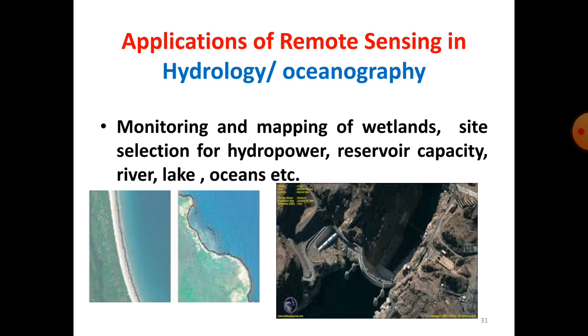How much water is present in a particular dam can easily be identified by using remote sensing technology, which we call reservoir capacity. Then it also gives details about other water bodies such as rivers, lakes, oceans, etc.